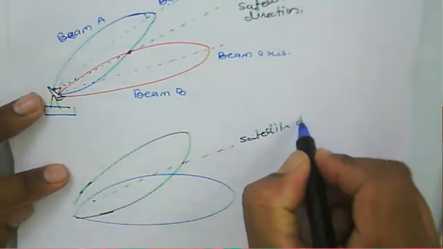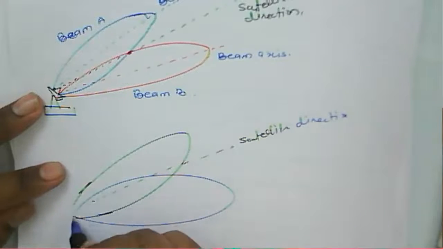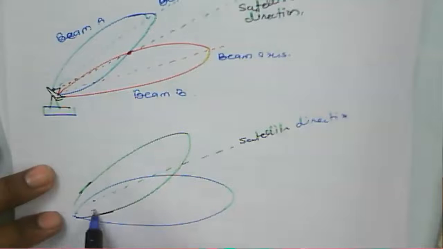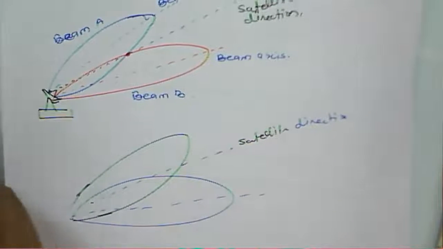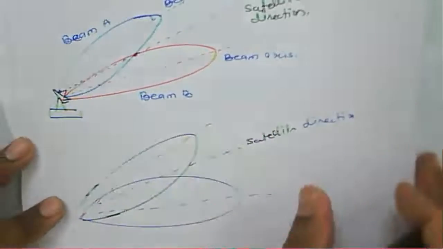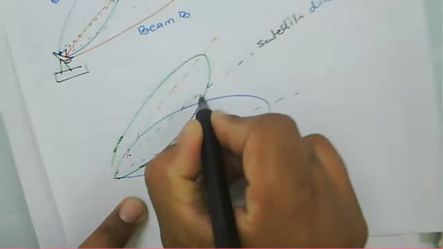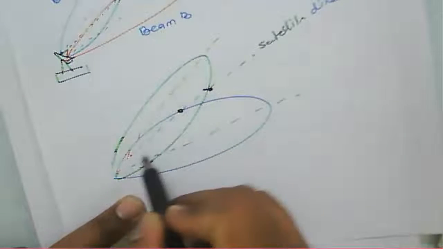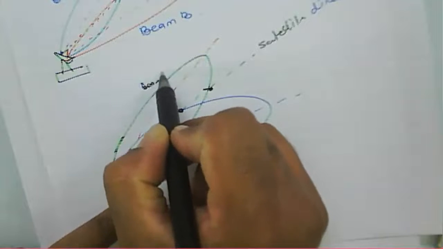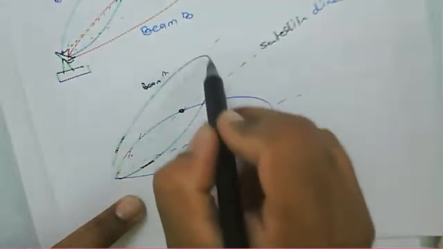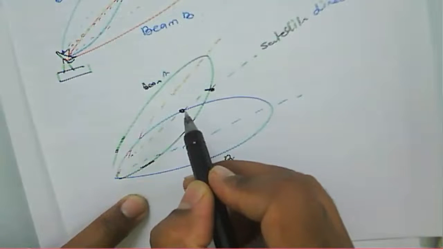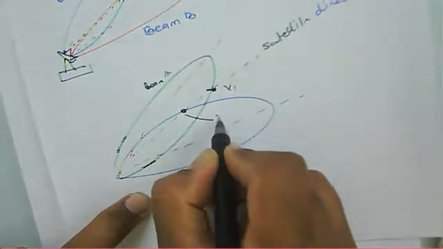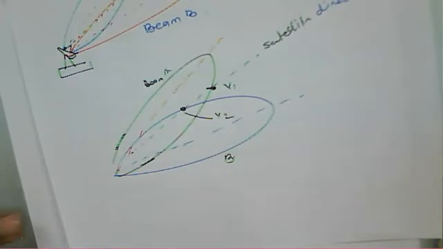This is the satellite direction, for the given antenna. This is the main beam axis for one antenna, and this is the main beam axis for the other. The main beam axis coincides here, and the other beam axis coincides here, because of beam A and beam B. They are coinciding at that particular point. We say this is V1 and this is V2.